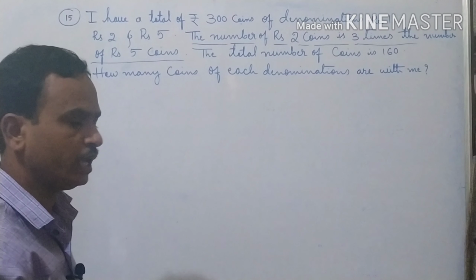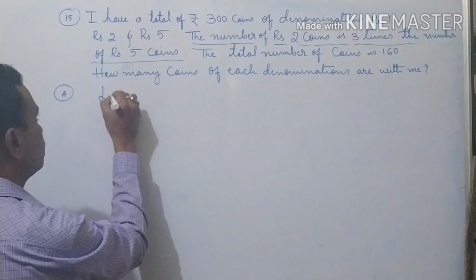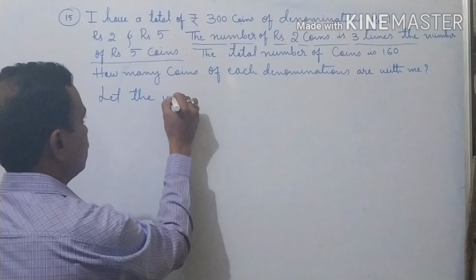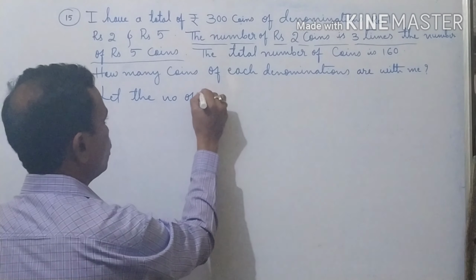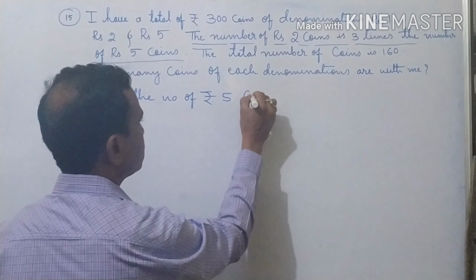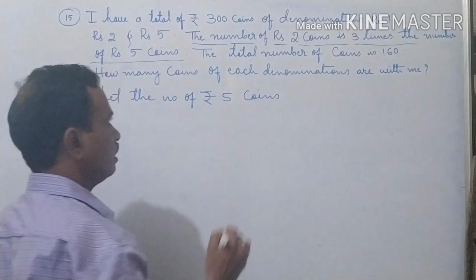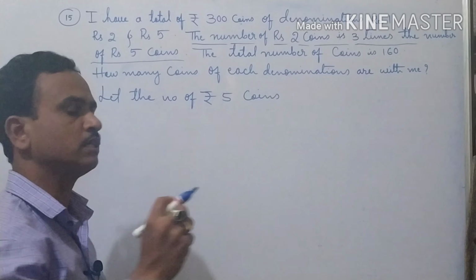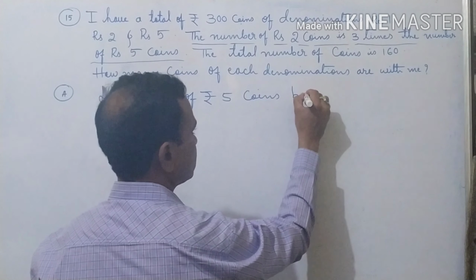So here what we should take? Let the number of rupees 5 coins be x.